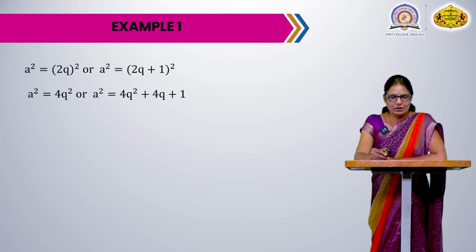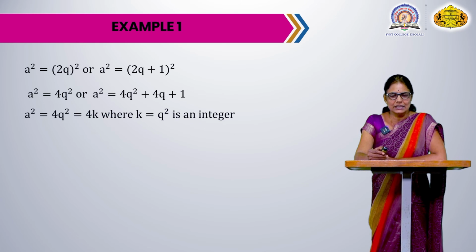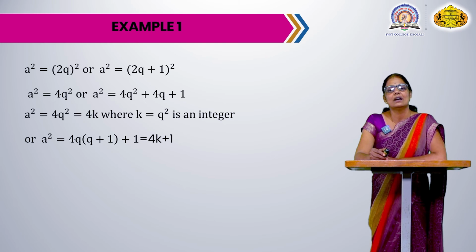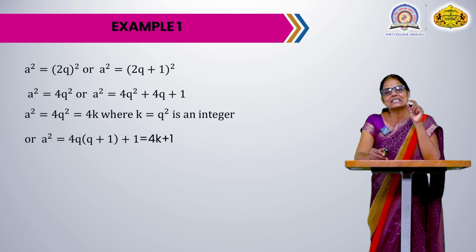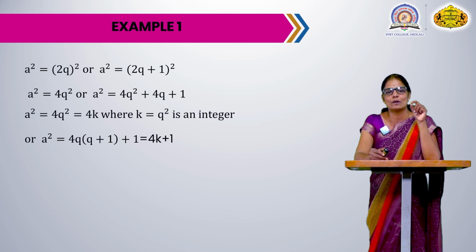So now just rewrite the second term here. First keep as it is, a square equals to 4q square, that is 4 times k, here k is q square which is an integer. So in first case a square can be written in 4k form. So consider the second case, a square equals to 4q into q plus 1. From first two terms we just take 4q as common.